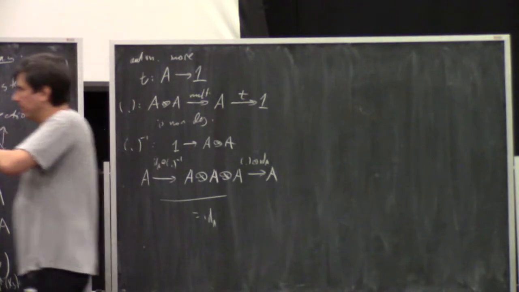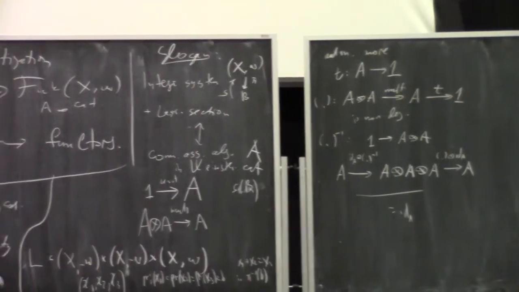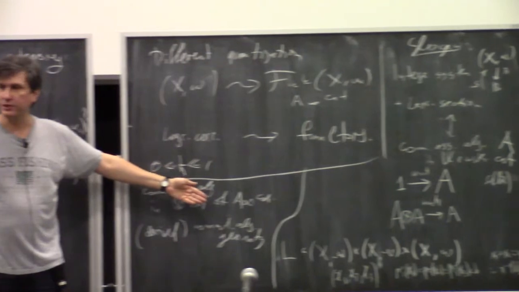So you get automatically something more, which, if, for example, you apply this functor to the Fukaya category, will tell you that its category is rigid: every object has a dual object.